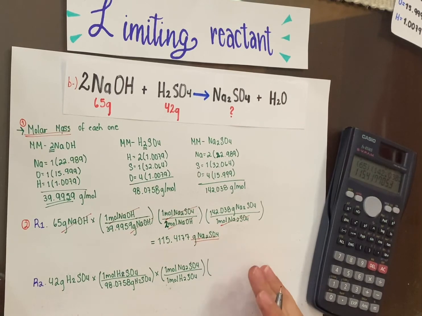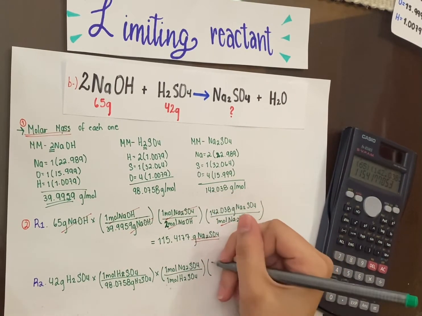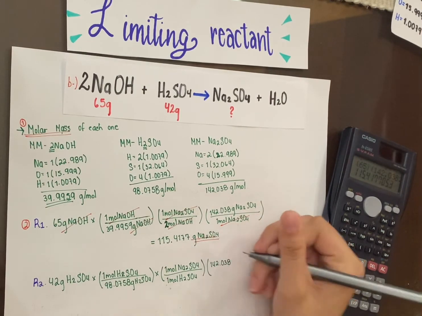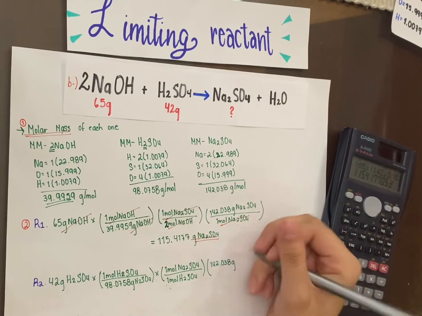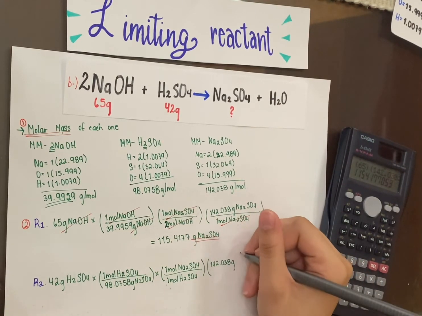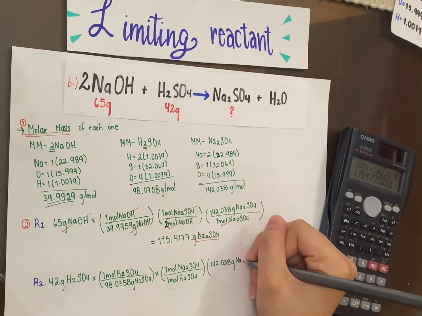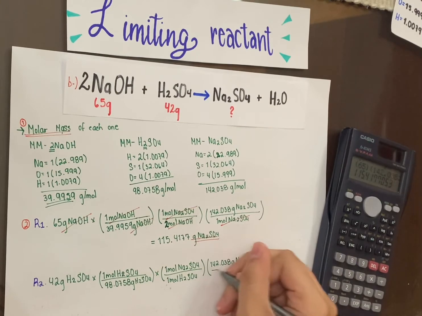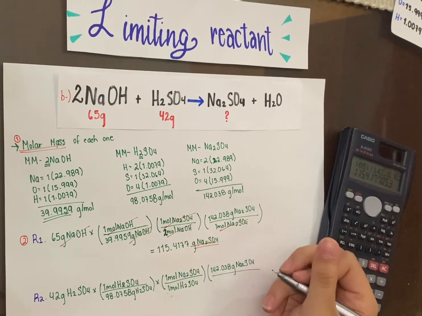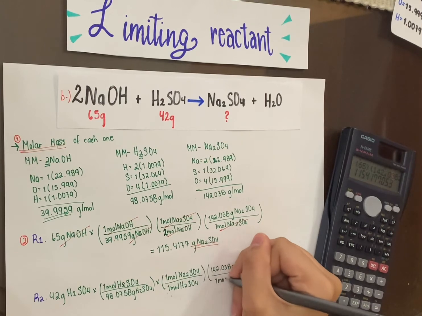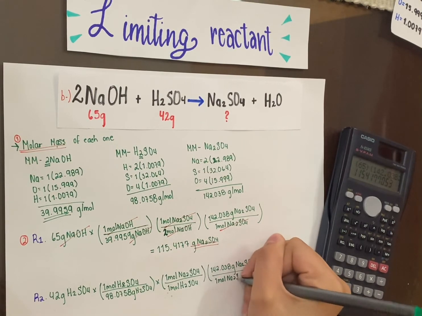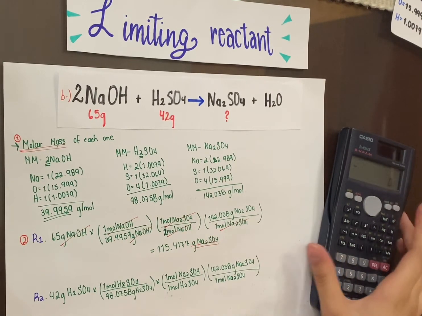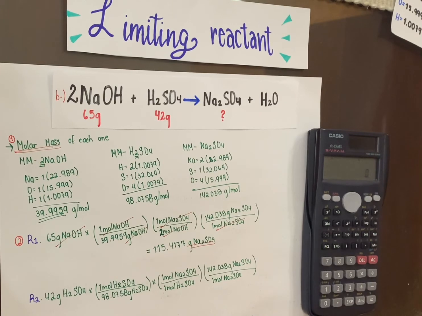Here we are going to place the molar mass of my unknown, Na2SO4. This I'm going to multiply. First cancel.